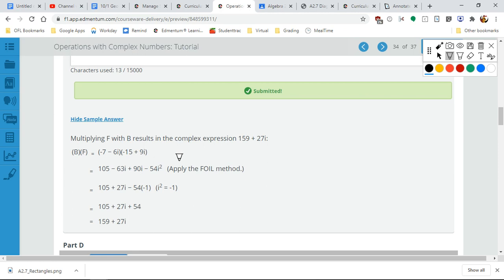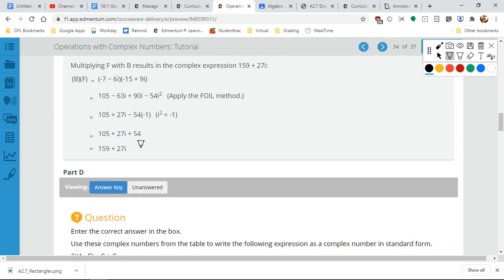So that's how come I was like, oh, this looks like rainbow method time, or OI, outer and inner. I think I kept calling it last. I'm sorry, it's not last. Last are these two. So outer and inner is a good way to kind of see what your I's are going to be.